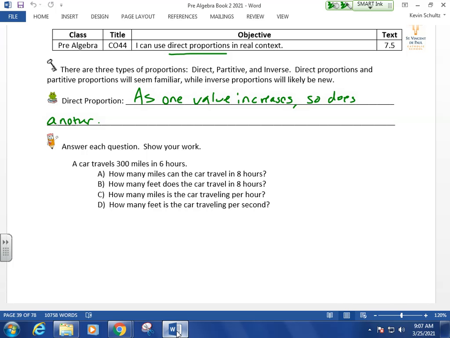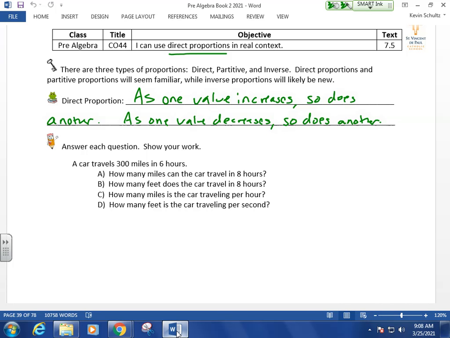And then on the flip side of that, as one value decreases, so does another. I'll give you an example of this when you're done jotting that definition down.